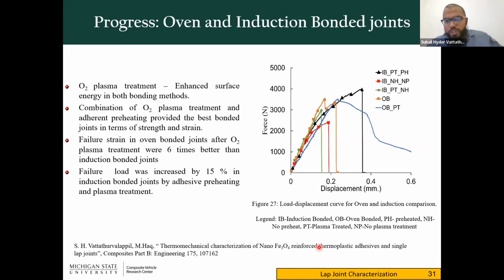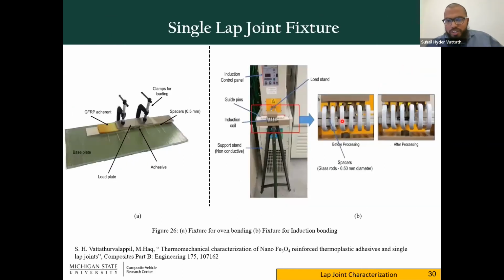So over here, you will see OB denotes the oven bonded and IB denotes the induction bonded. PT is the plasma treated, and PH is preheated. In our induction bonded joints, you only heat the adhesive.